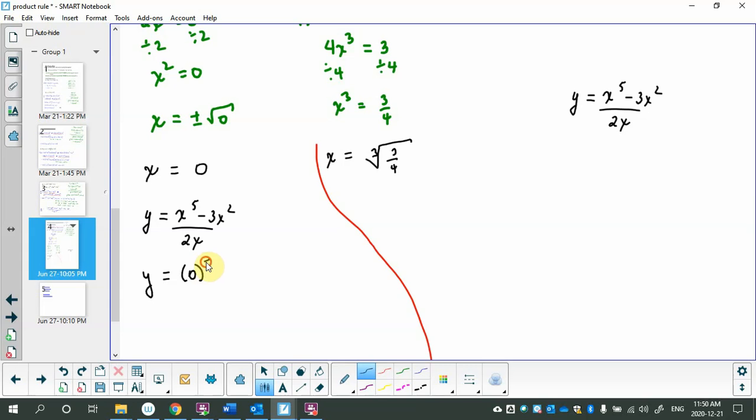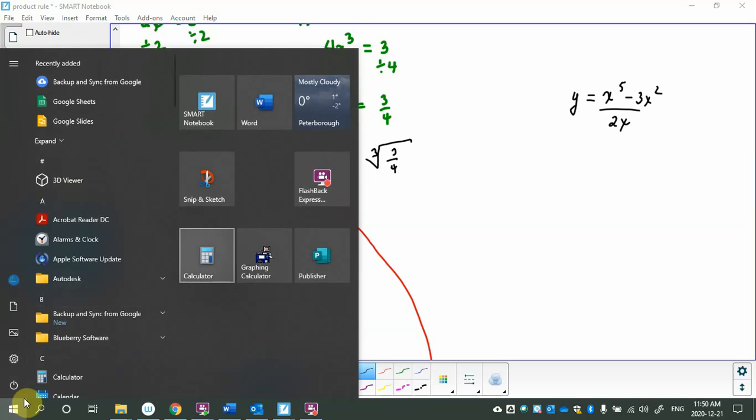So 0 to the 5 minus 3 times 0 to the 2 over 2 times 0. Oh, bad math. There is no solution for this, so there's no point for that. And I don't mean no point, I mean no actual point on a grid. So I need to take out my calculator to figure out what that hideous decimal is.